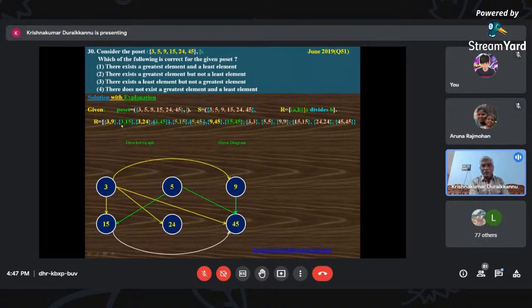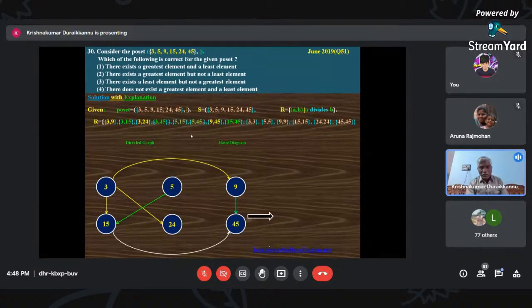You cannot draw the edge from 3 to 45 directly, A to C, so 3 to 45 will be removed. Similarly, 5 divides 15, 15 also divides 45, so there is no direct link or edge from 5 to 45. That should be removed.